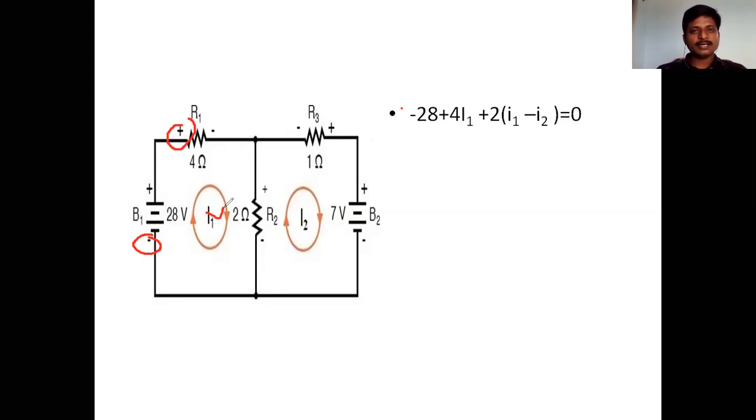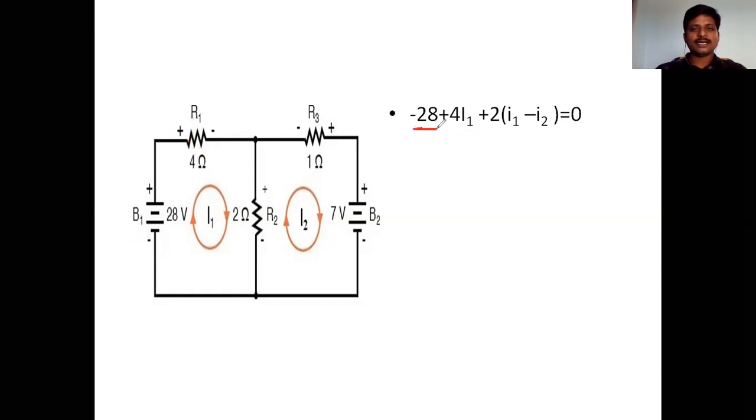Here we are applying KVL as well as Ohm's law. Instead of taking separate voltages as V1, V2 like that, we are directly applying KVL and Ohm's law at a time. So the voltage drop across the 4 ohm resistor is current into resistance. Current is I1, resistance is 4. That is given in the problem.